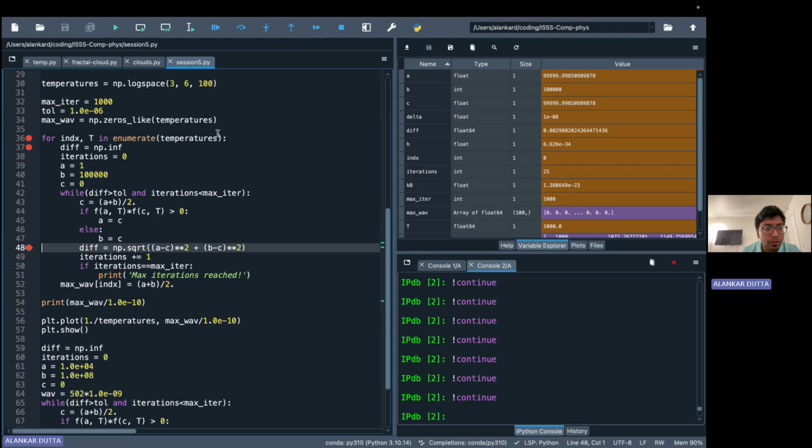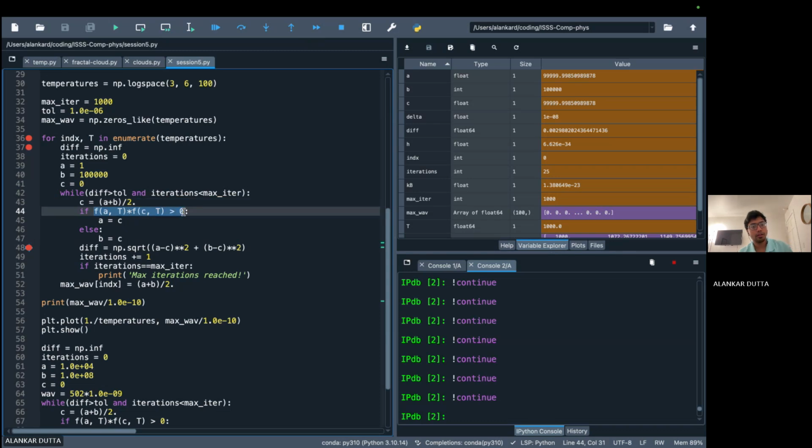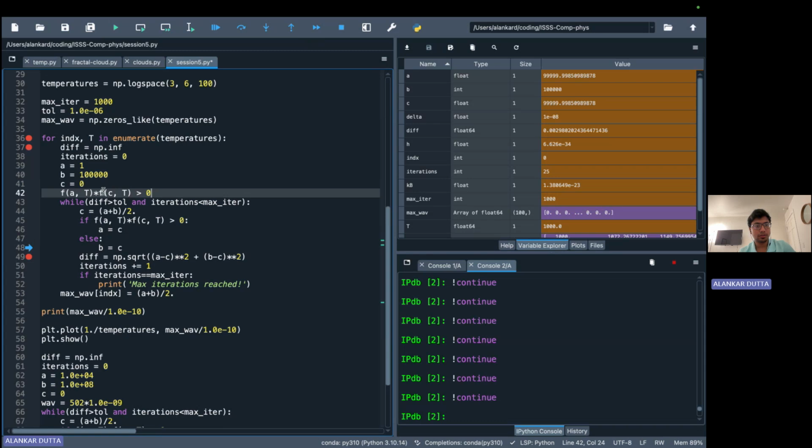So one thing I also want to confirm in here is whether FA and FB start with opposite signs or not.